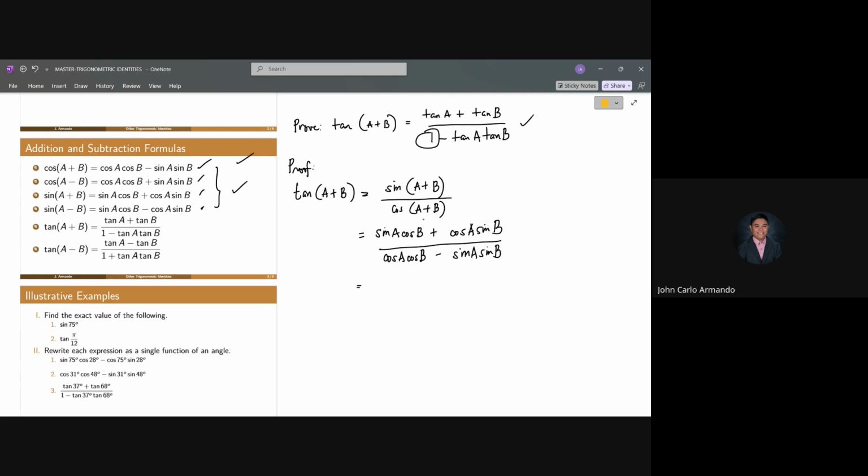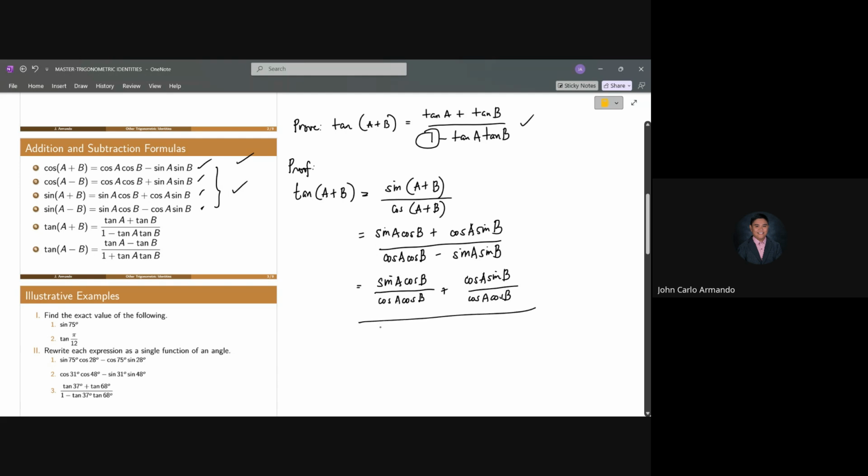So, what we are going to do here is divide all the terms by cos A cos B. So, we now have sine A cos B divided by cos A cos B plus cos A sine B divided by cos A cos B.